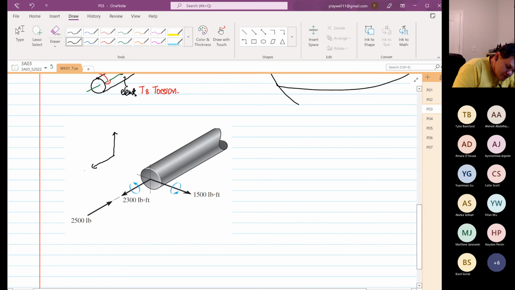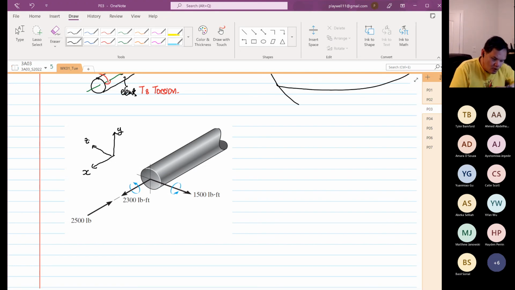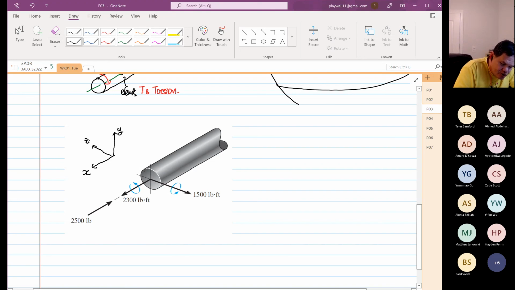Using your right hand rule, this is X, this is Y. When that's the case, this is your Z direction. We know that. Before I go on, at this moment we are going to assume that failure will occur on this face and at this location.